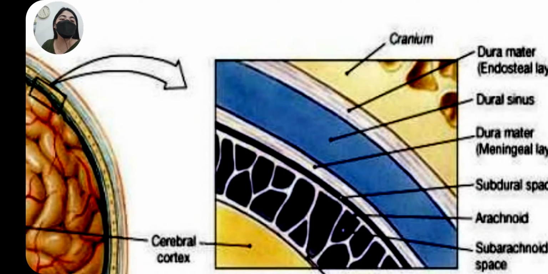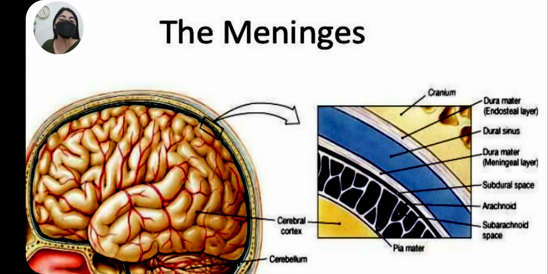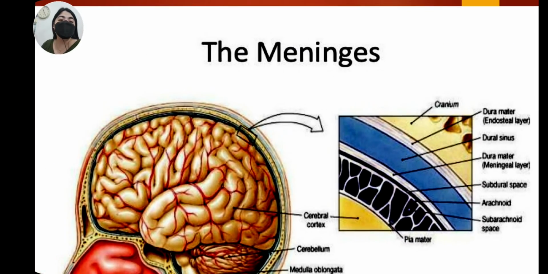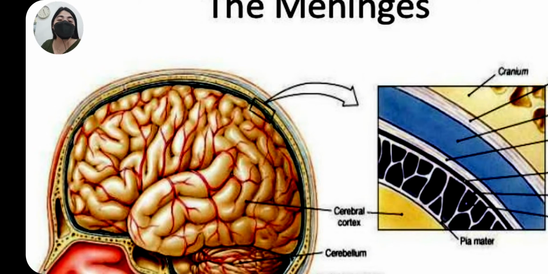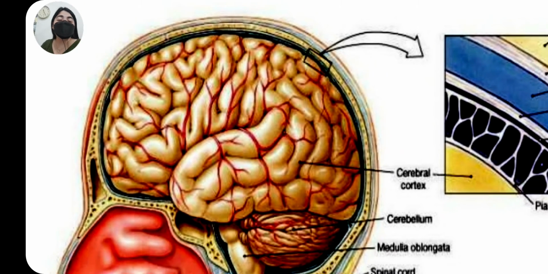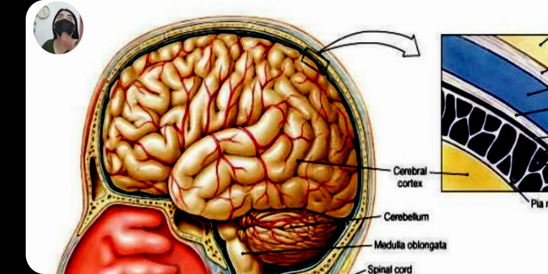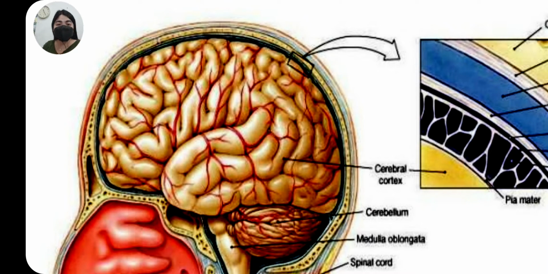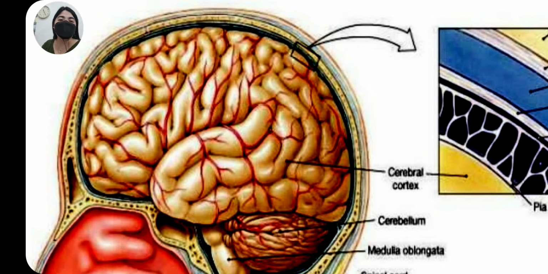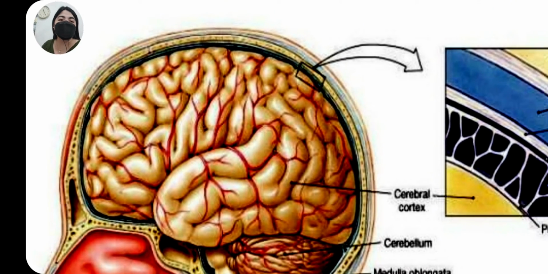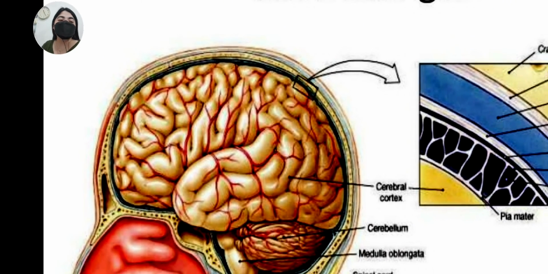The brain is the inside part, the interior of the meninges, meaning the inside of the layer of the meninges. Like this layer, the arrow, that is the meninges.